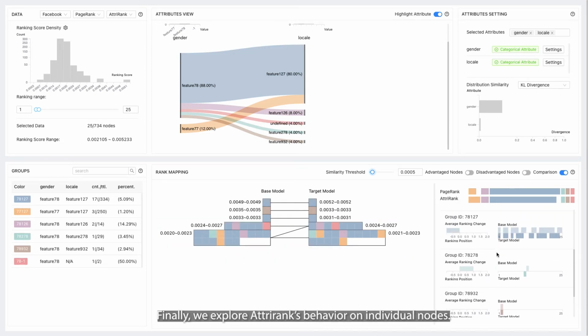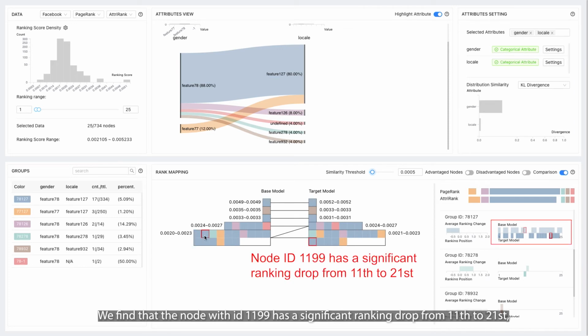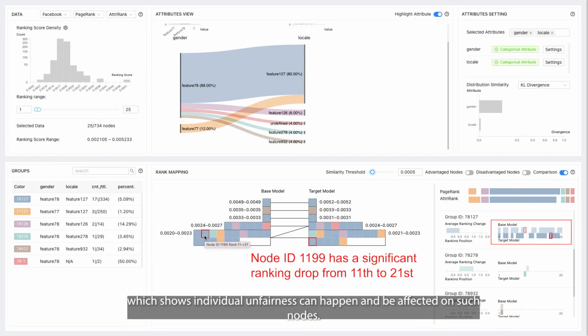Finally, we explore AtraRank's behavior on individual nodes. We find that the node with ID 1199 has a significant ranking drop from 11th to 21st, which shows individual unfairness can happen and be affected on such nodes.